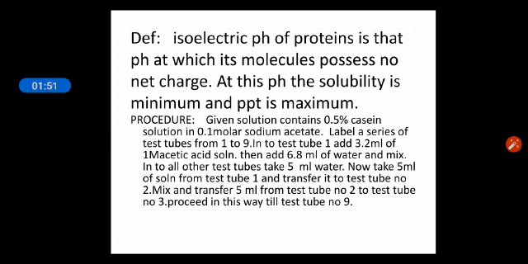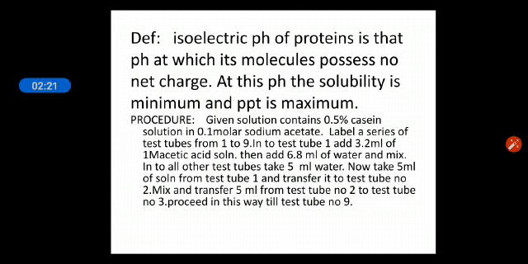Into test tube 1, 3.2 ml of 1 molar acetic acid solution will be taken, and then into it 6.8 ml of water will be added, and these two constituents will be mixed in test tube number 1. Into all other test tubes, 2 onward to 9, 5 ml of water will be taken.